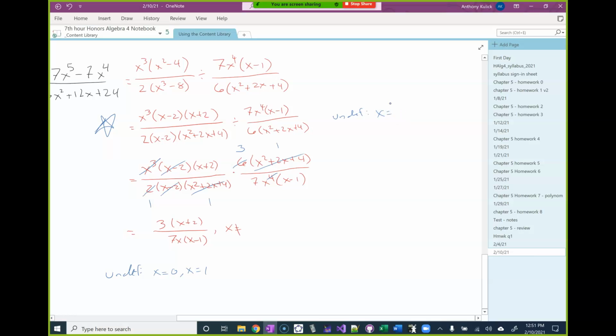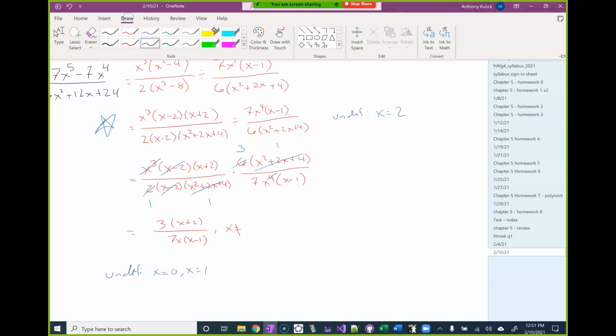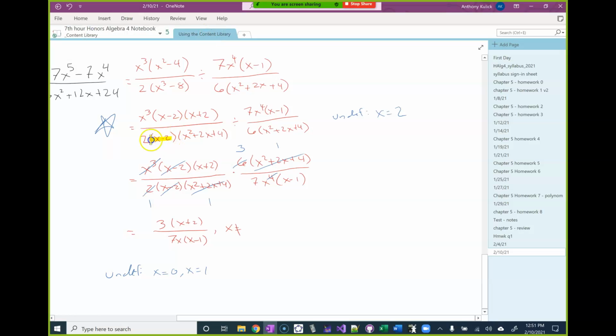What are some values of x that make this undefined? 2, right? So things that would make the denominator 0 in the first fraction will make that problem undefined. Everybody agree? Okay, so I set that. If I set that piece equal to 0, what do I get? How would I find that?